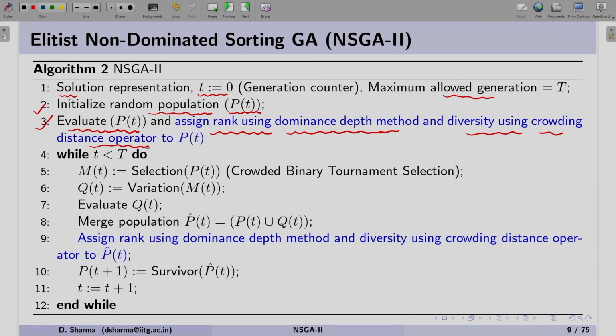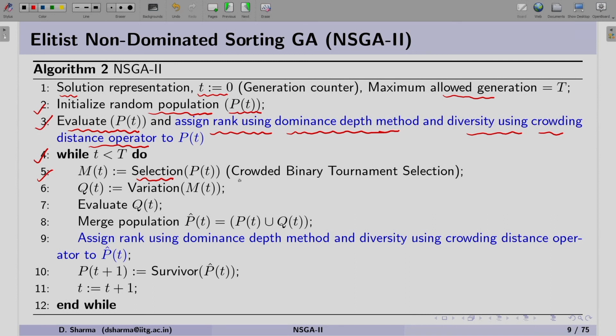We will again go through this dominance depth here, and we will also discuss the crowding distance. Thereafter, in step number 4, we are in the standard loop of the number of generations or the generation counter. Step 5, we remember that it is the selection.